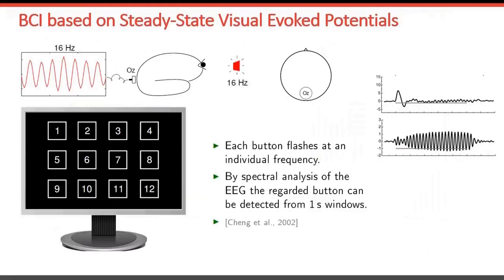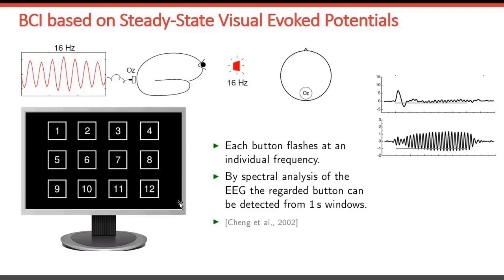We also have BCI systems that use steady-state visual evoked potentials, which belong to the exogenous type of BCI. The difference of this BCI, called SSVEP, is that we flash the characters or stimuli at some specific frequency, right?